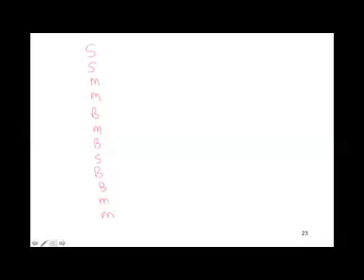So S is sensory. M is motor. And B is mixed, or both sensory and motor. I don't like using the word mixed here because there's M, so we'll just say it's both sensory and motor.